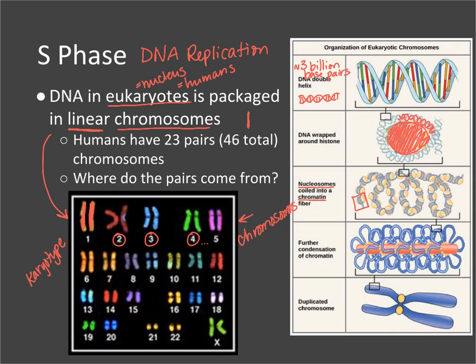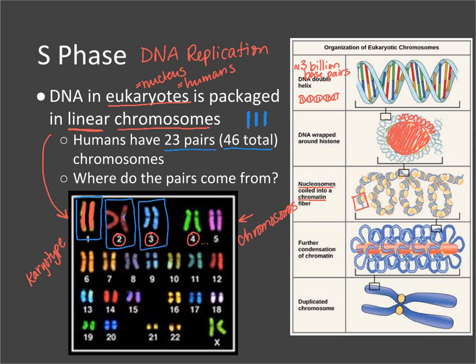Now, humans have 46 total chromosomes. So we have 46 of these bar-shaped chromosomes, but it's better to think of them as being in the form of 23 pairs of chromosomes. And you can see on the karyotype down here that we have these pairs of chromosomes. And so rather than saying we have 46 chromosomes, we say that we have 23 pairs.